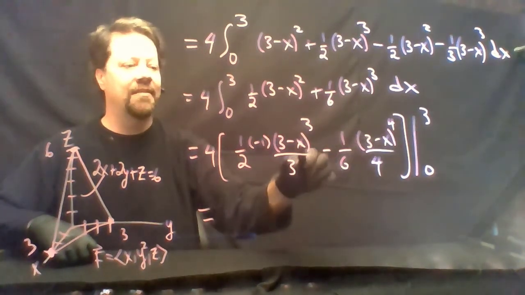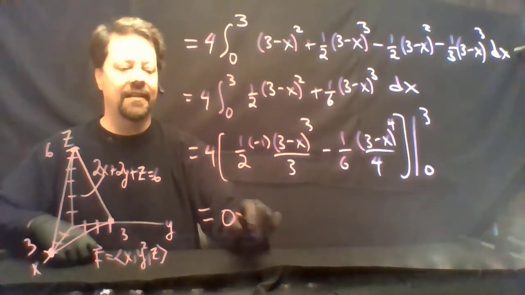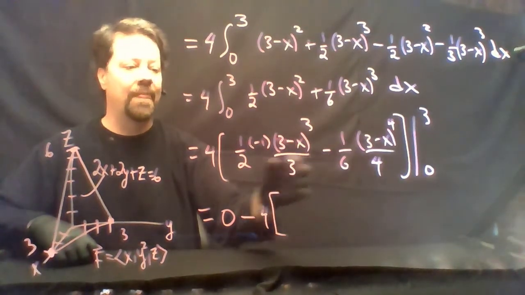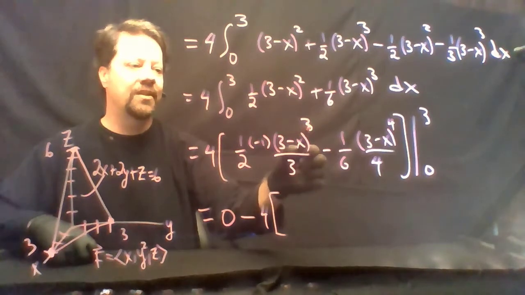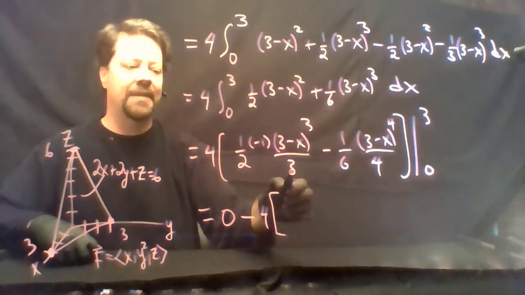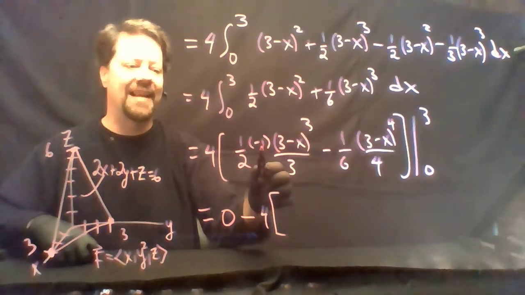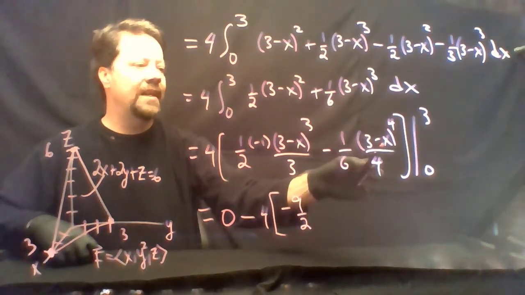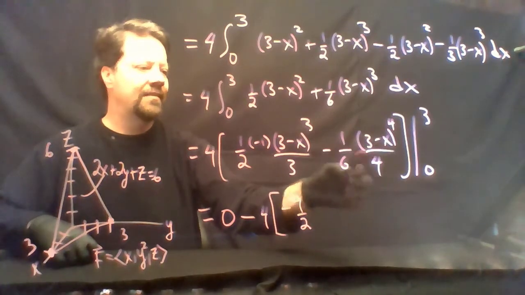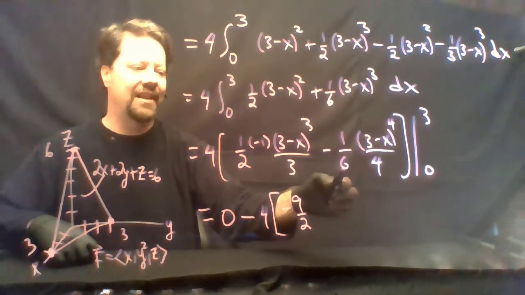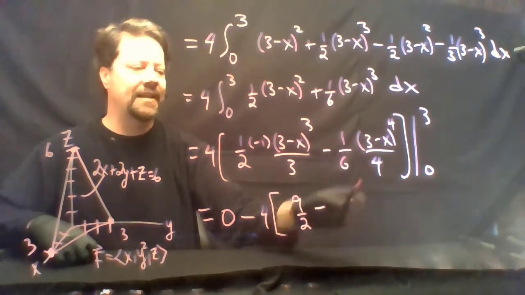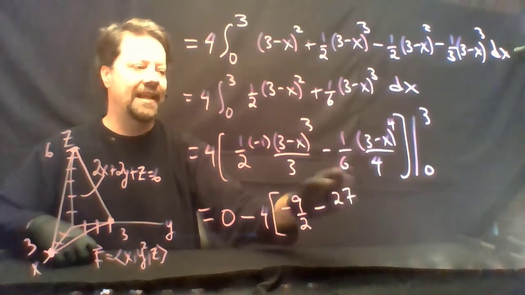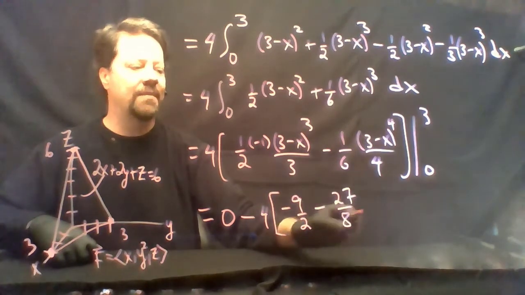When you plug in 3, you get nothing. Plugging in 0, we'll have 3 cubed divided by 3 is 3 squared. That's 9. We'll have negative 9 halves. 3 to the 4th, we can cancel a 3 down here. We'll still have a minus, but it's going to be 3 cubed. That's 27. The 3 canceled here times that, it's going to be over 8.